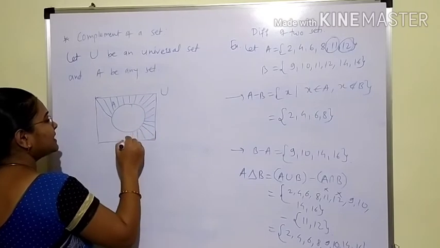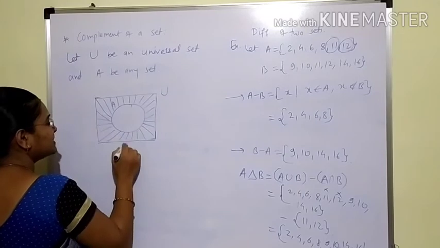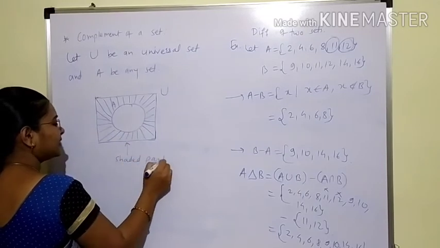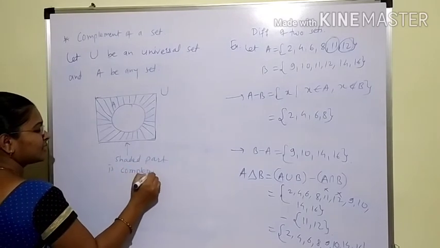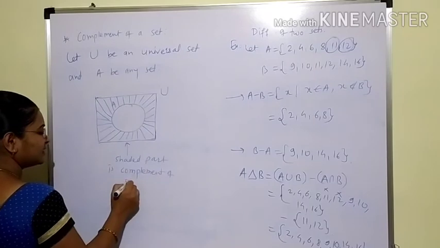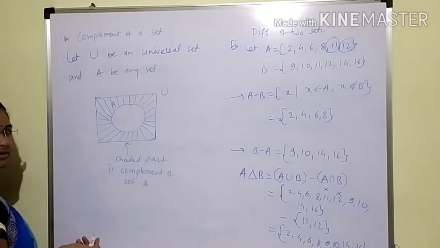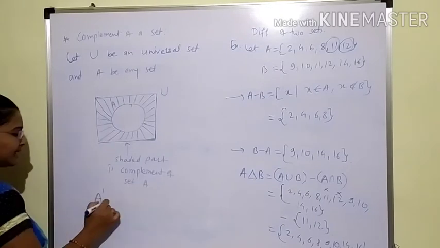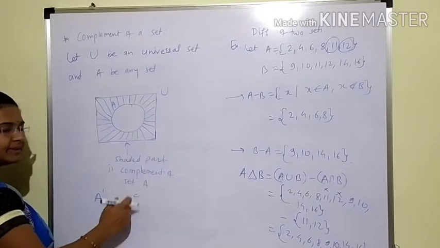This part is nothing but the complement of set A. So this shaded part is the complement of set A. And the complement of a set we are denoting by A dash, that is A complement, or A to the power c, that is the complement of A.